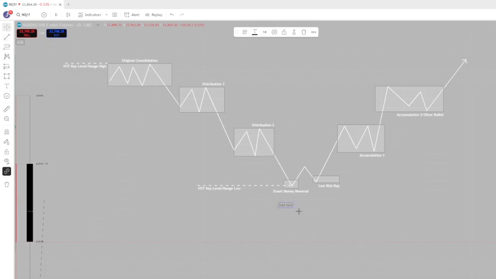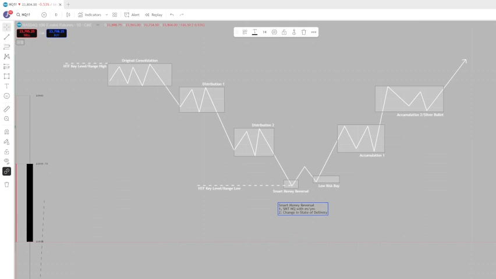In order to classify a smart money reversal, you need two things. First, you need an SMT, so NQ with either ES or YM, and two, a change in state of delivery.